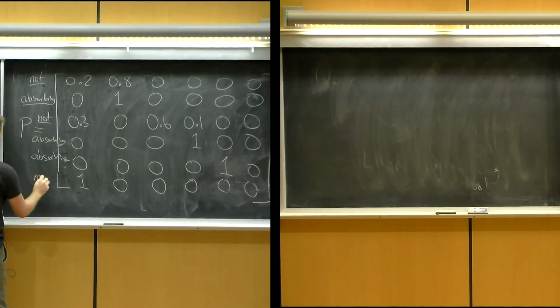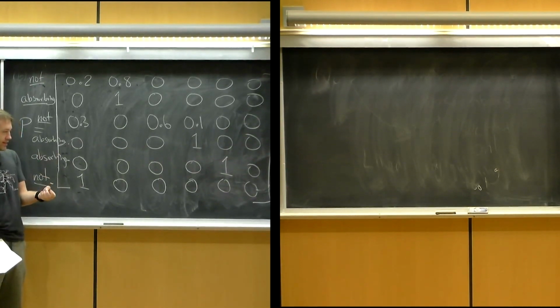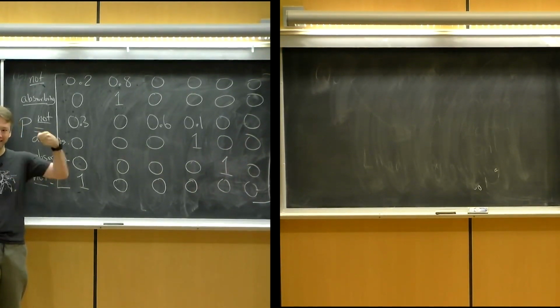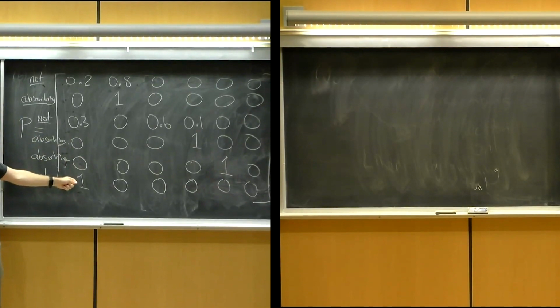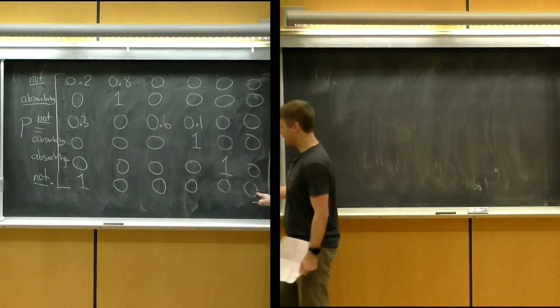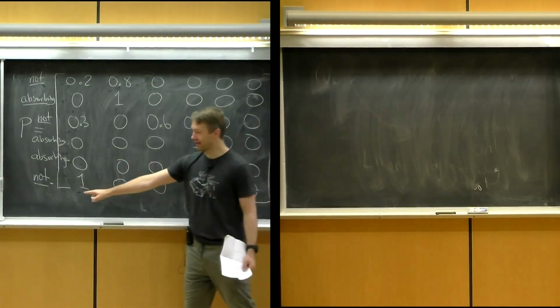So this is not absorbing, because if you get into state 6, it's not the case that you get stuck, going back to 6 and back to 6. What will happen is it's going to go immediately to state 1. If the 1 was over here, it would be absorbing, but the 1 is over here, so it's not.